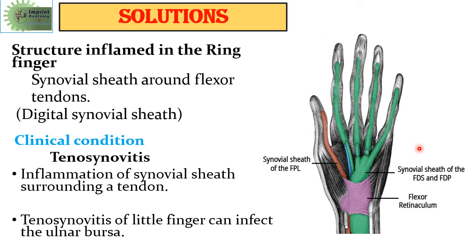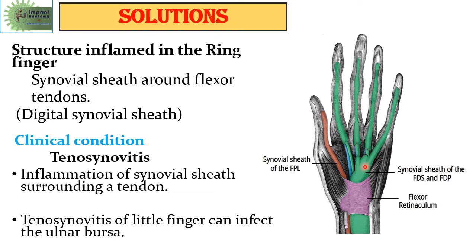So you can see in this picture, this is the hand, and in green you can see the synovial sheath which covers the flexor digitorum superficialis and flexor digitorum profundus tendons.